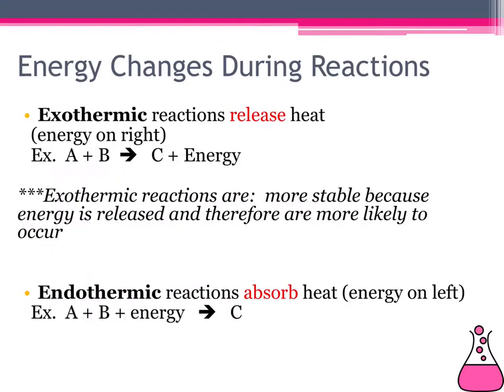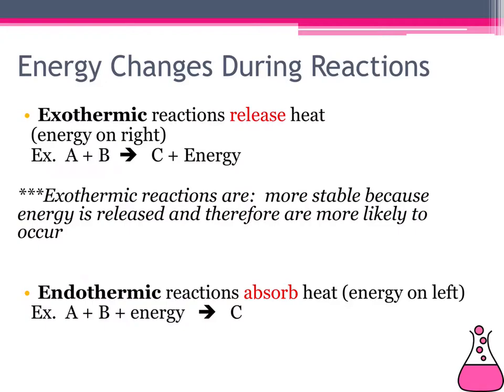So if we're talking about energy changes during a chemical reaction, we're talking about a reaction being an exothermic process or an endothermic process. And we touched on this a little bit, I think, last unit. So exothermic reactions are going to release heat energy. So exo, like exit, heat's going to be exiting the system, so it's going to be released into the surroundings.